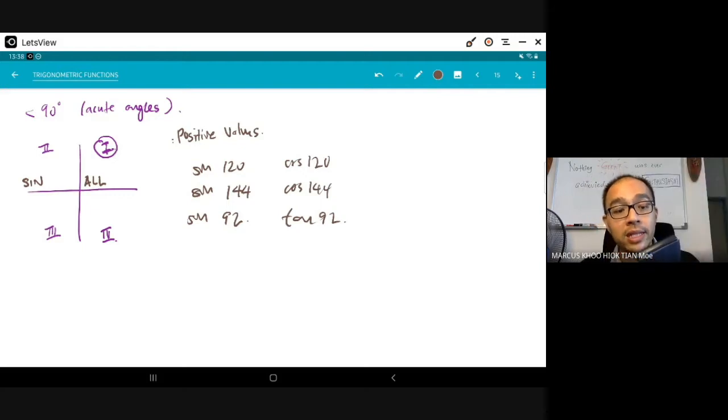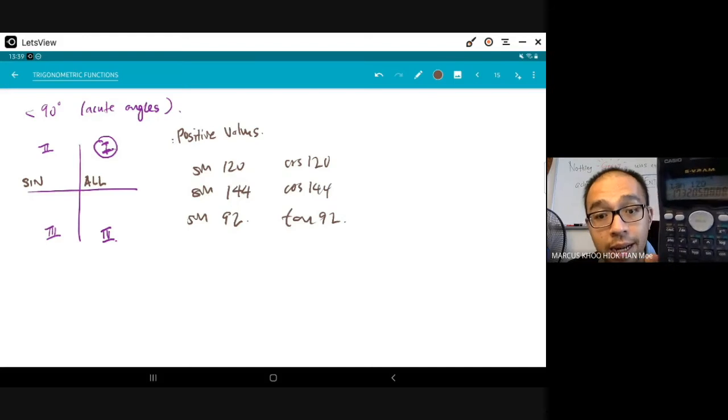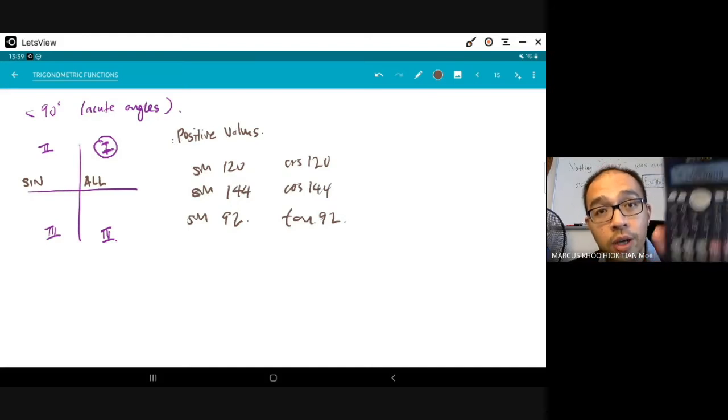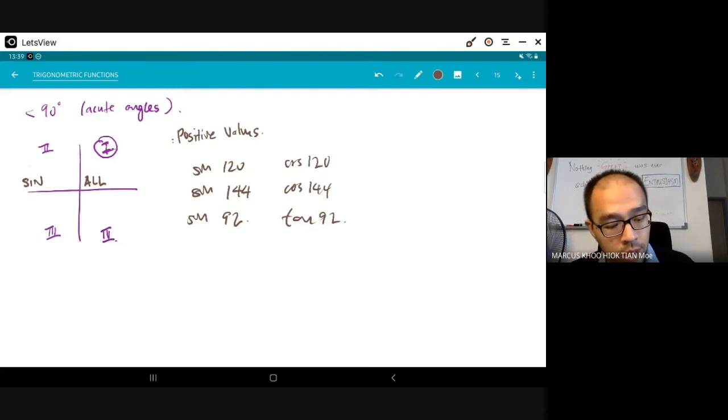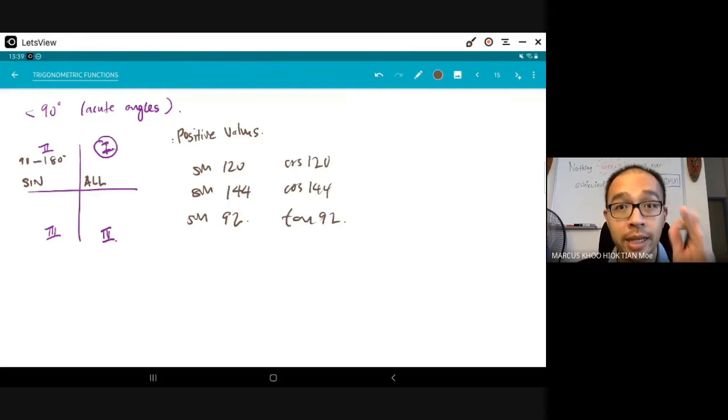If I do tangent 120, you will also get a negative value. Which means that for any angle in the second quadrant, which is 90 to 180 degrees, only the value of sine is positive. This is not a formula, it is a fact. A fact that you have to remember.